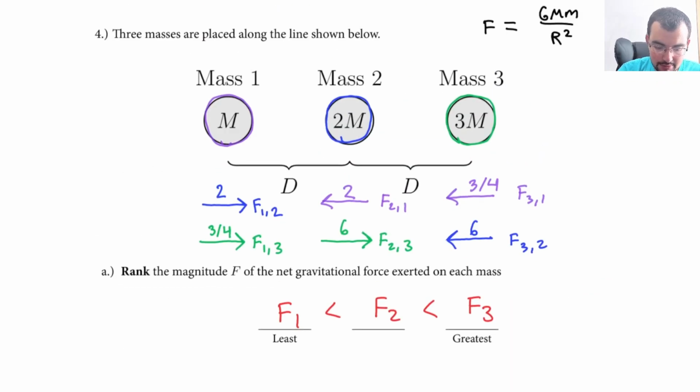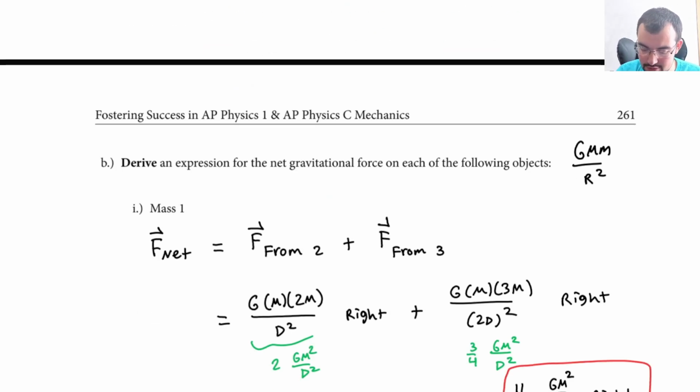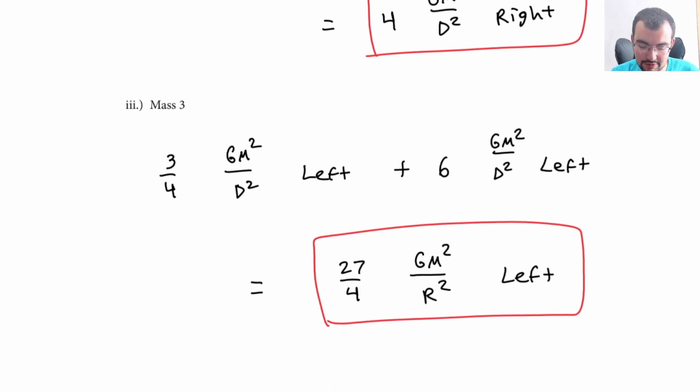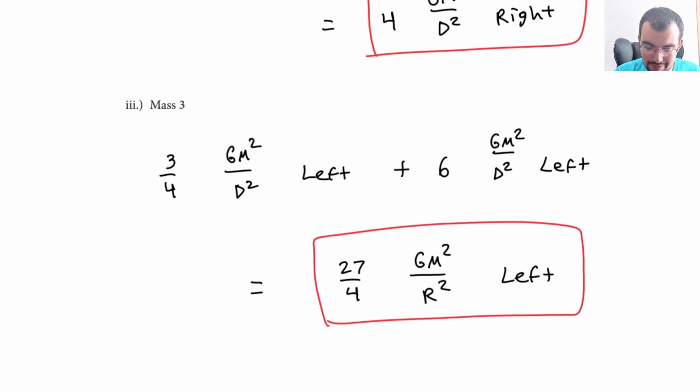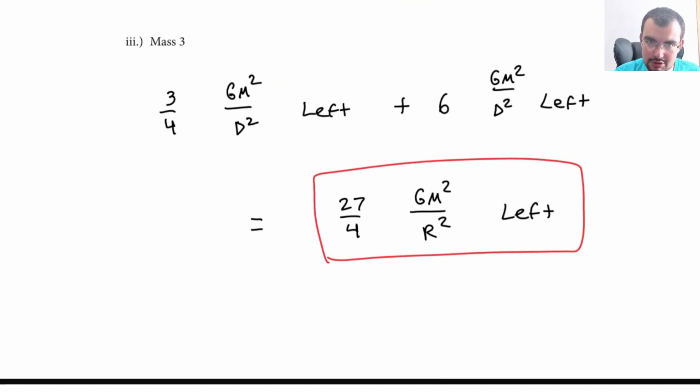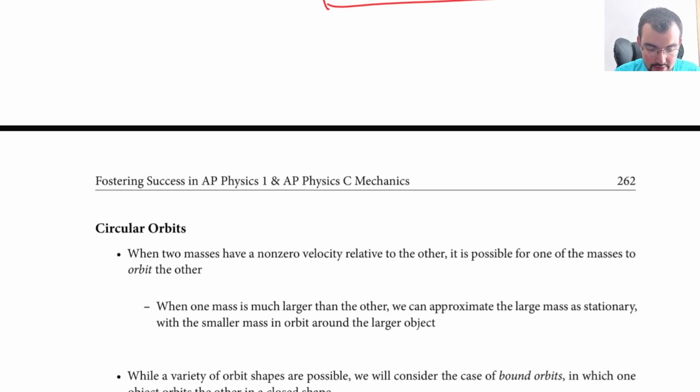So we see that our forces were 2 plus 3/4 in front, which was 11/4. We had 6 minus 2, which was 4 in front. And then we had 6 plus 3/4, those are 27/4. And notice these numbers are increasing, right? 11/4 is less than 3. Then we have 4, and then we have 27/4, which is a little bit less than 7.